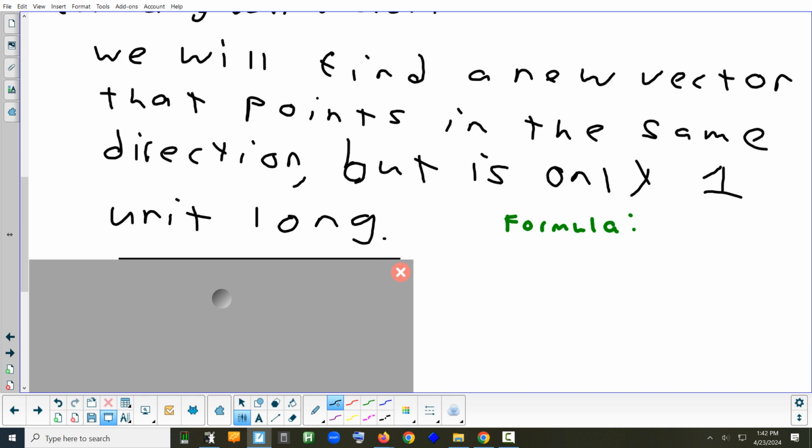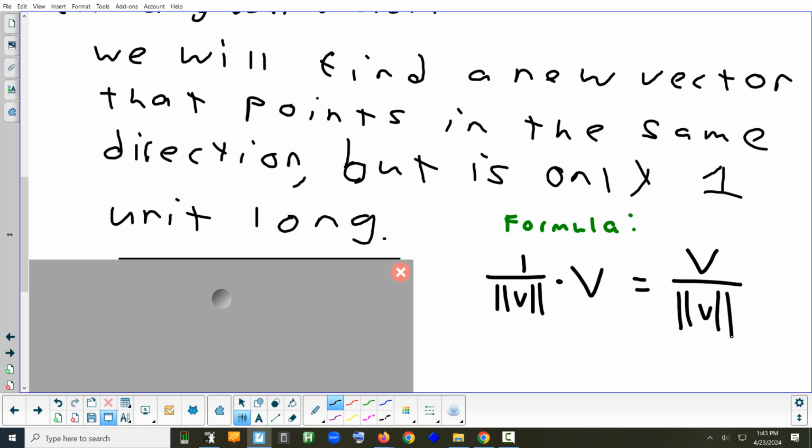So to represent scaling a vector by the reciprocal of its length, here's your vector. You're going to scale it by 1 over its magnitude. Or if you simplify it, it's v divided by the magnitude of v. It's the same thing.